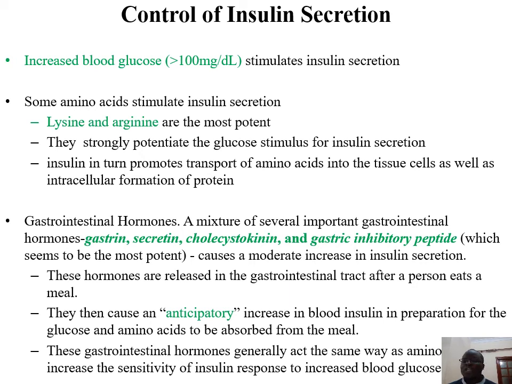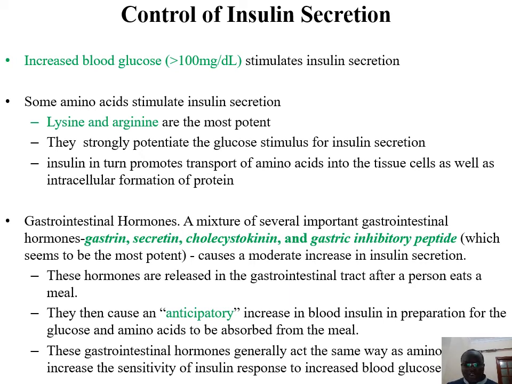So the body will start preparing itself, because it anticipates that the blood glucose levels are going to increase and amino acid levels are going to increase. So you need to open up the cells. The key to open up the cells to internalize these nutrients is insulin. So insulin is the one that will be secreted. So most of these hormones can also stimulate the secretion of insulin, which makes sense.